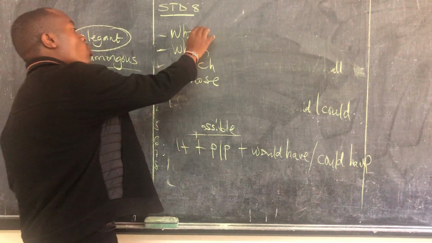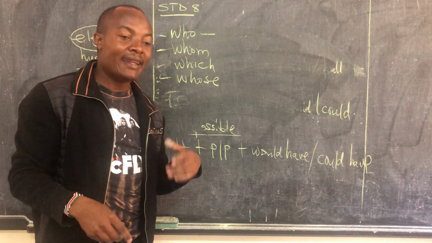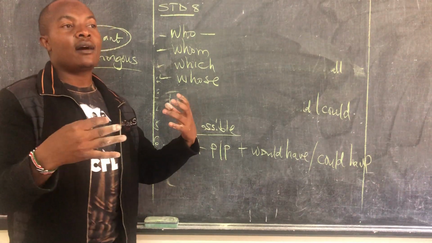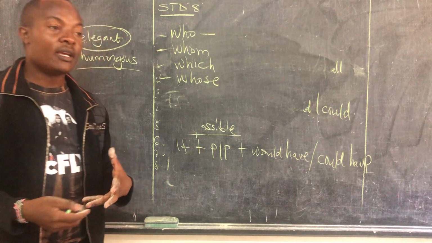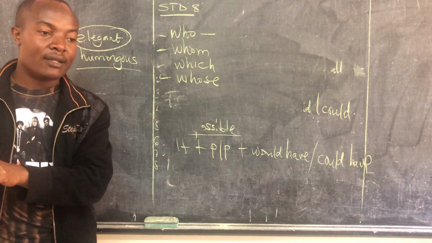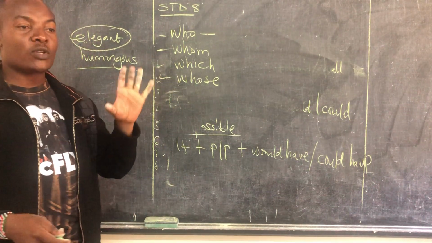Now, "who" is used for human beings or a personified item, especially animals. If you give an animal like a hare a name, for instance Robin, then you say, "Robin, who had been working hard in the garden." You're referring to maybe the hare or the rabbit. That means you have personified it.